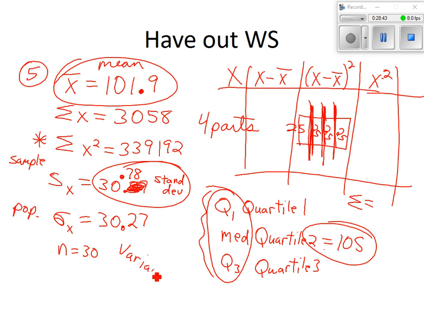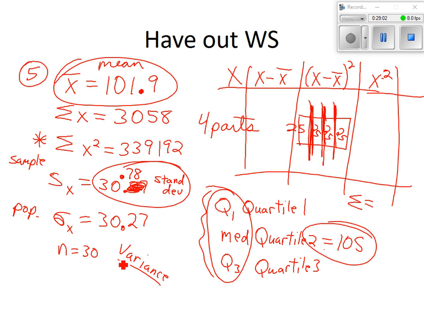How do you find the variance? This is where a lot of people mess up. You take that total, 3,058, and then take 30 minus 1.